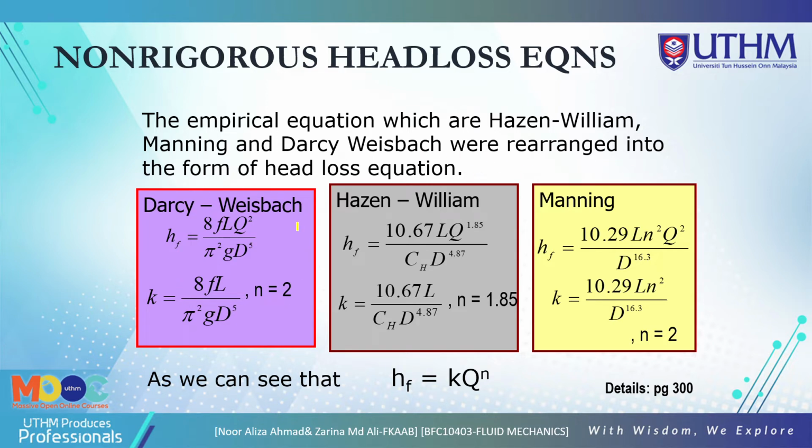For Darcy-Weisbach, hf is KQ^n, and K here is 8fL over pi squared g D^5. So hf is actually KQ^n, and this is the value of K. And for Hazen-Williams, using this formula, K is here, and n is 1.85, and Manning here.